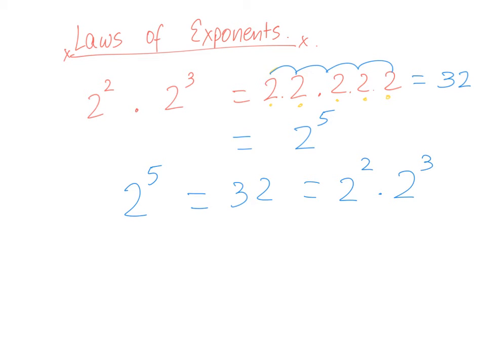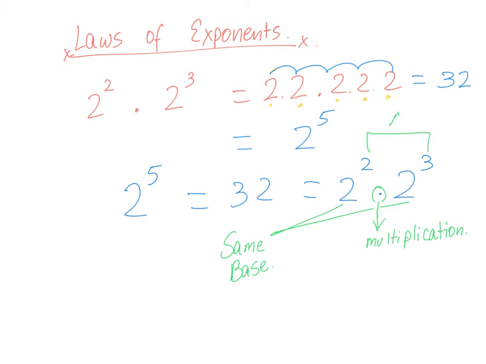So let's generalize the rule. When we see this multiplication, we are looking at common features. Whenever we see this multiplication sign and we see the same base, we will add these exponents.